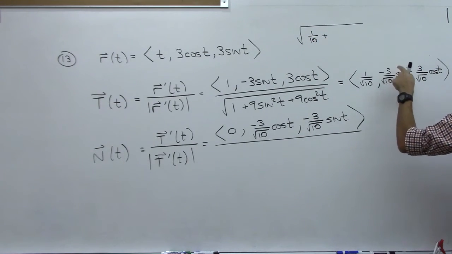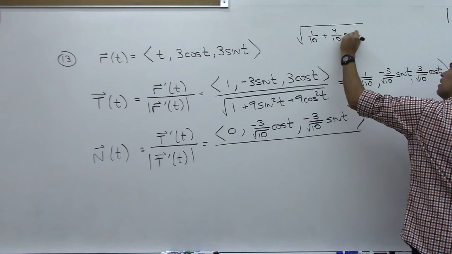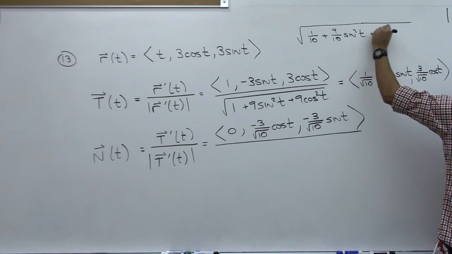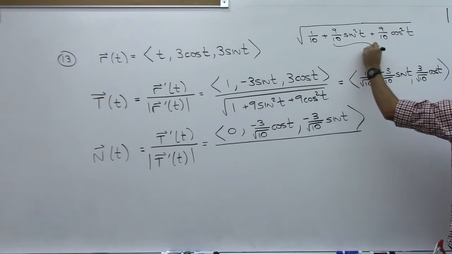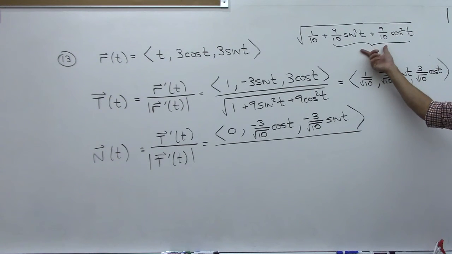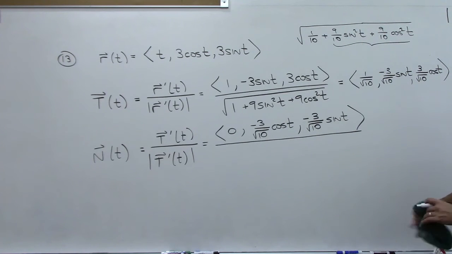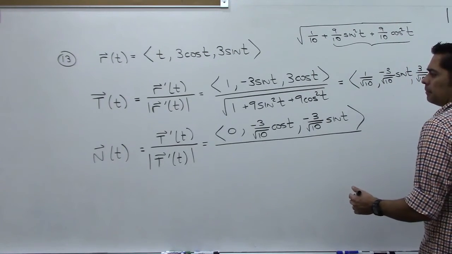You square the negative 3, you get positive 9 over 10, so 9/10 sine squared t. And then you square that, you also get 9/10, but cosine squared t. Factor out a 9/10. Use the identity, it turns into a 1, so you wind up getting 9/10 here, plus 1/10 is 10/10, which is just 1. And so, oh, you know what?